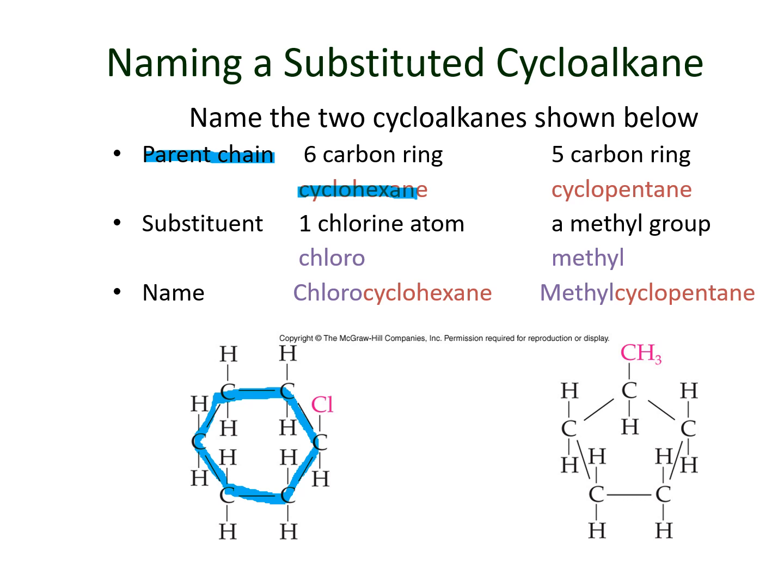Next we have to check the substituent, which atom has been replaced by which atom. Here it is chlorine which has been replaced, so it will be called chloro, and the name becomes chlorocyclohexane. Looking at the second one, it's a 5 carbon ring, so it's going to be a cyclopentane, and the substituent in this case is the methyl group, so it will be called methylcyclopentane.